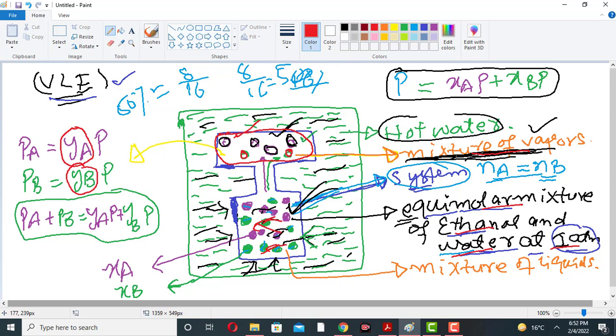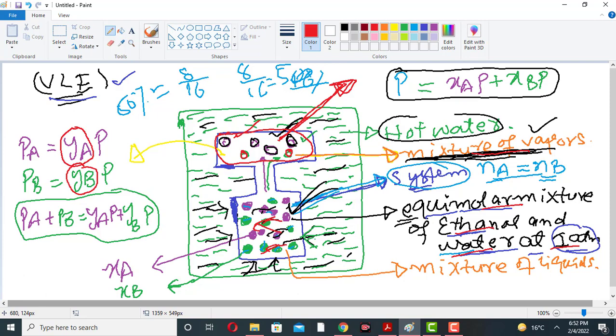So in this case, two types of vapors are present in the space above. The total pressure in this space will be equal to the combined pressure exerted by the vapor molecules of ethanol and the vapor molecules of water.